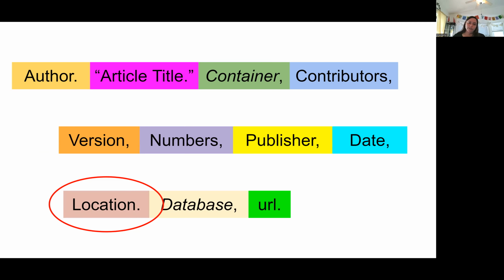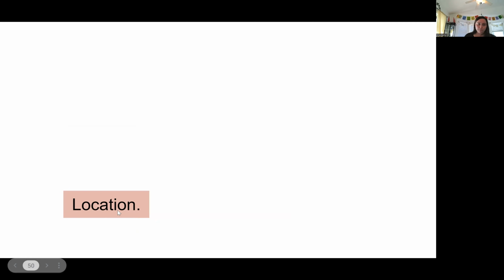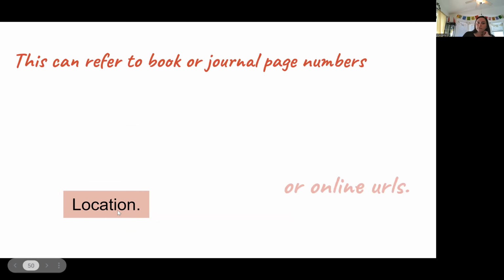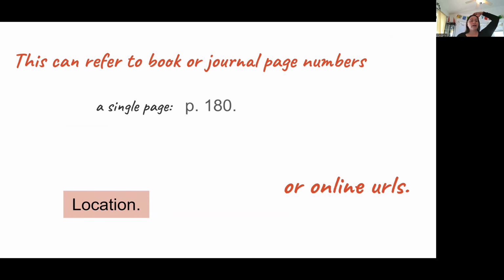The next part of this is the location. So like I said, sometimes you end it here after the date, especially with books. But sometimes you actually have to cite a location. What is this? This can refer to book or journal page numbers, or it could refer to online URLs. The way that you would cite a single page in a Works Cited is p. period 180.